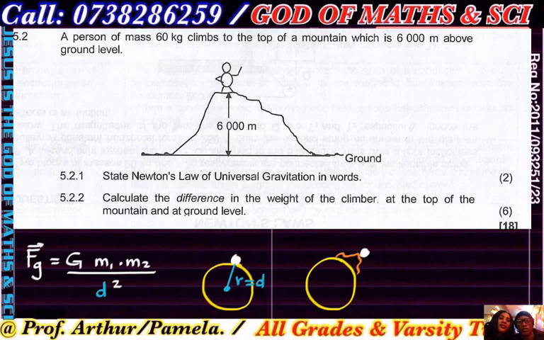Then the distance from the center of the planet to that person is going to be the radius plus that 6,000 meters. So the D will be whatever the radius was plus the 6,000.